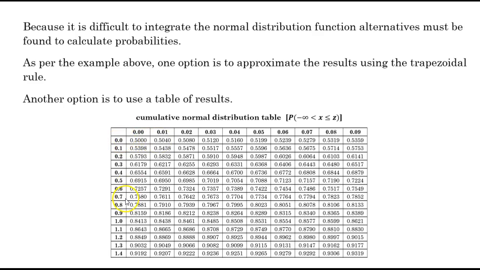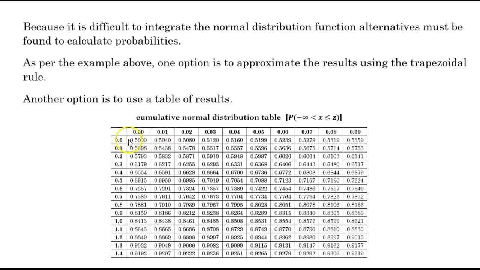The left-hand column represents the first 2 digits, I guess, the unit and the tenths, and the columns represent, in this case, the hundredths of standard deviations above the mean.